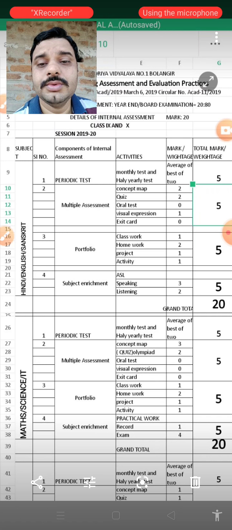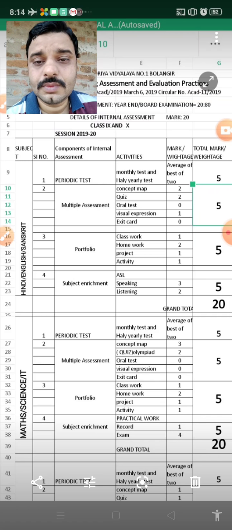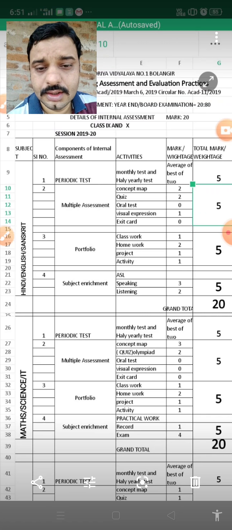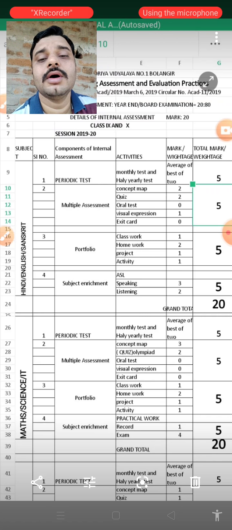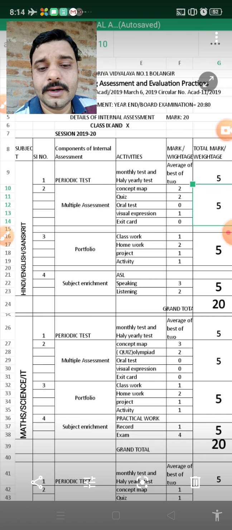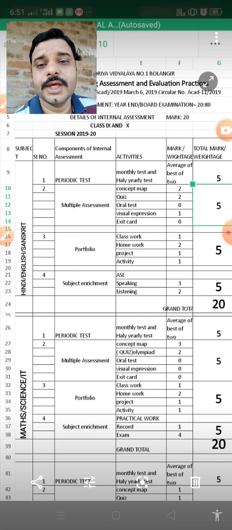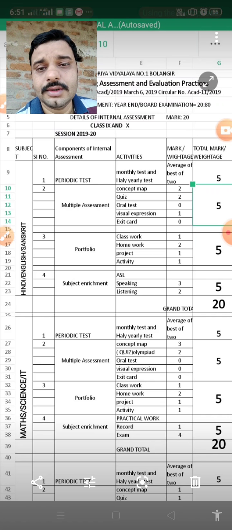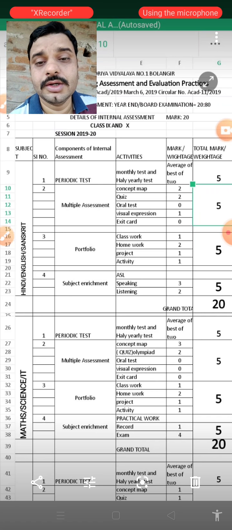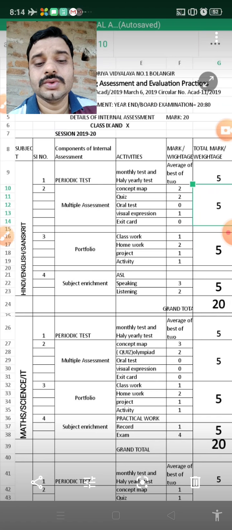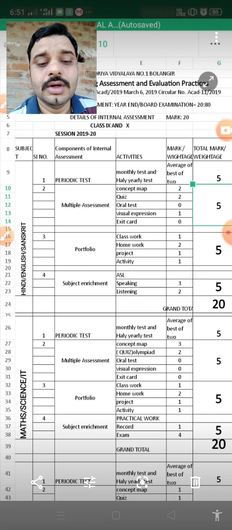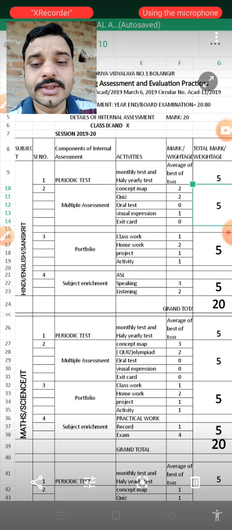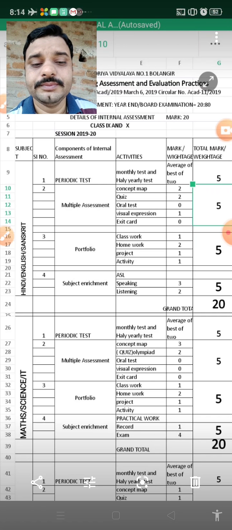And for listening, you will be given an audio piece, or some audio record. You will be exposed to that, and after listening to the audio, you have to answer some questions provided to you separately. So all these add up to become 20 marks of your internal assessment.